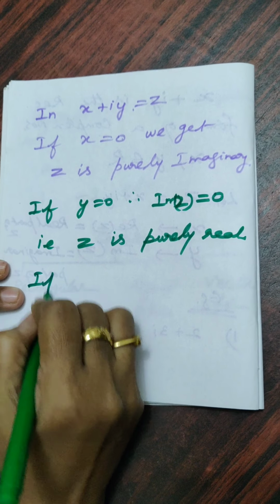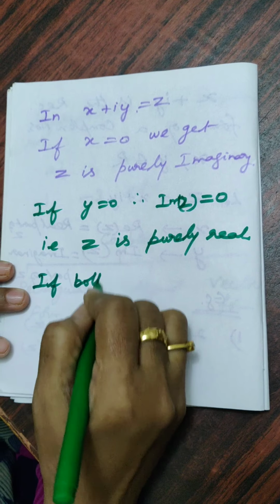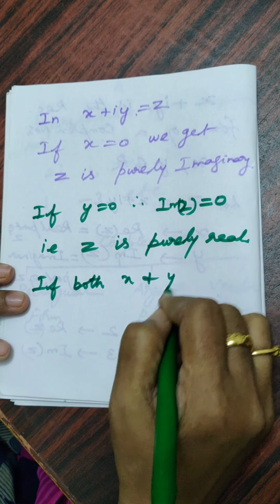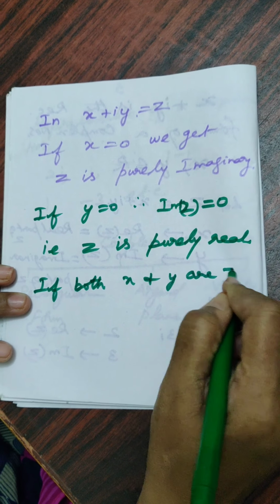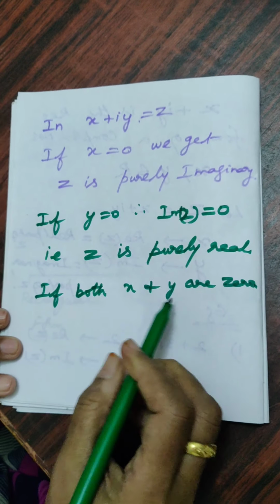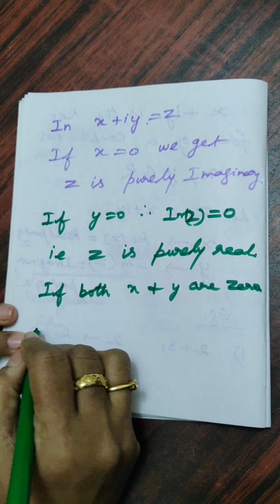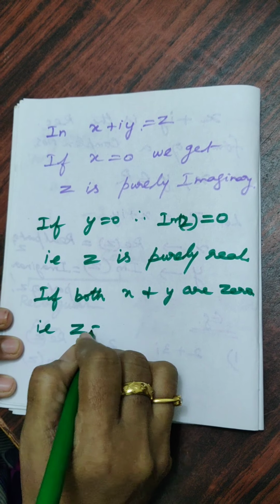Now see, if both x and y are 0, it is a peculiar case, that is, z is equal to 0.